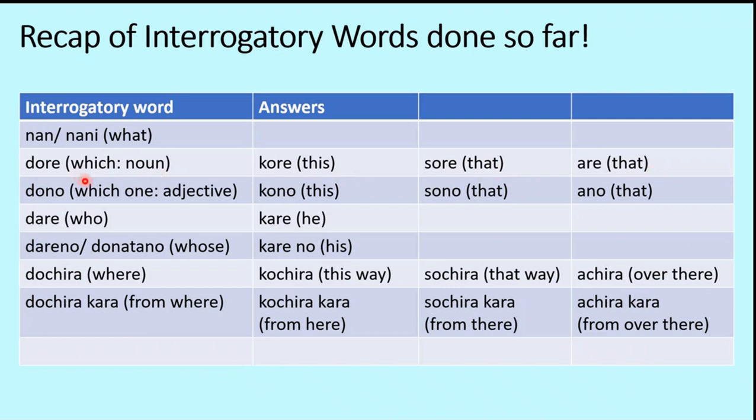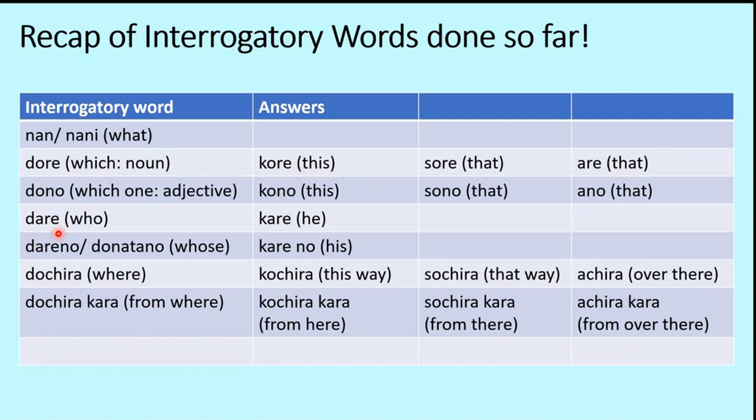And dono is used for the same purpose, but here it is used as an adjective. So here kono means this particular object or that particular object. So it basically specifies that object and hence it is used as an adjective. So here it is kore wa, here it is just kono.